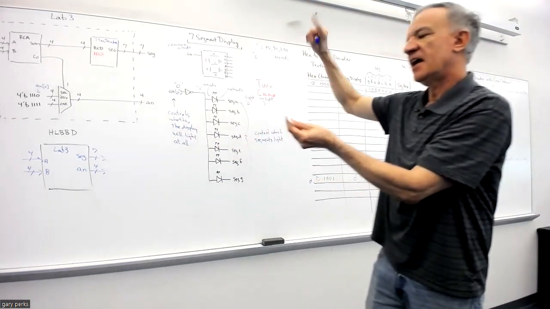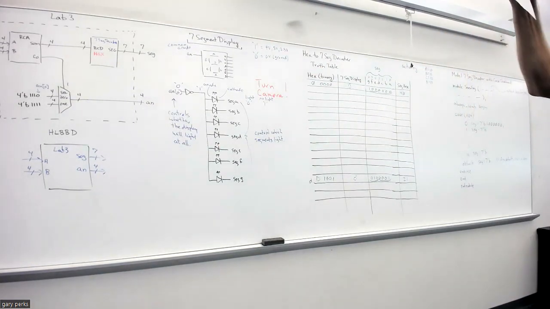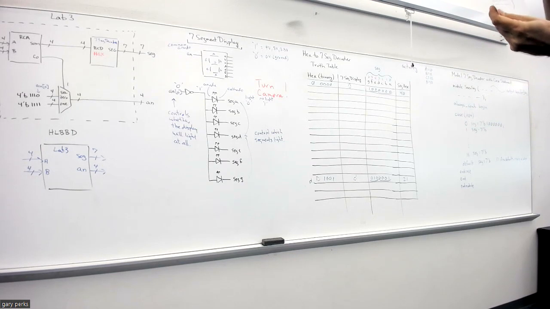So you have like AN0. AN0 is the first in the constraints file. That's the top one. And then it goes AN1, AN2, AN3. So when you're looking at your constraints file, it goes seg 0, seg 1, seg 2, seg 3, seg 4, seg 5, seg 6.